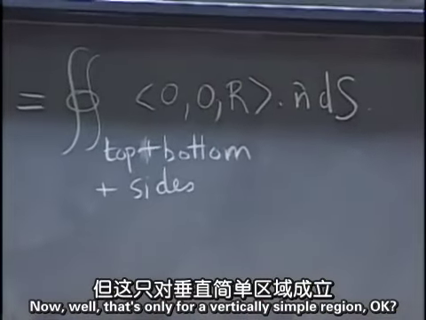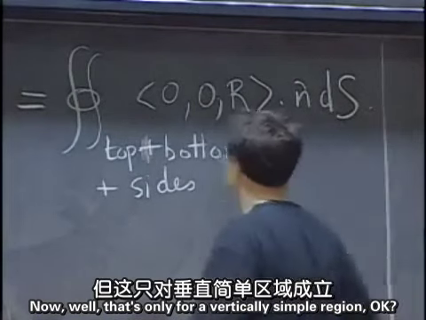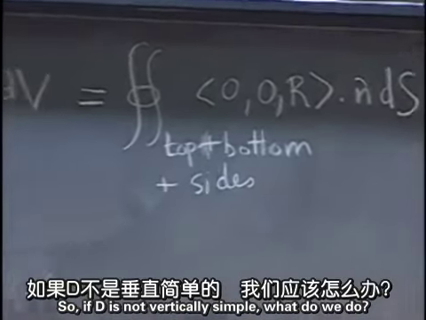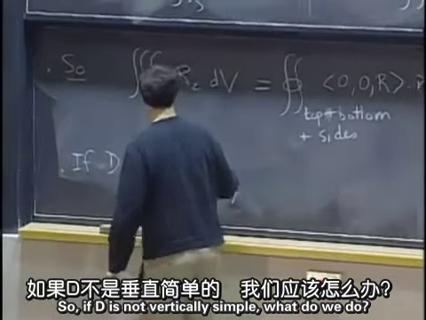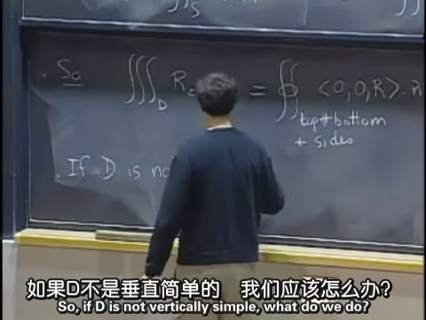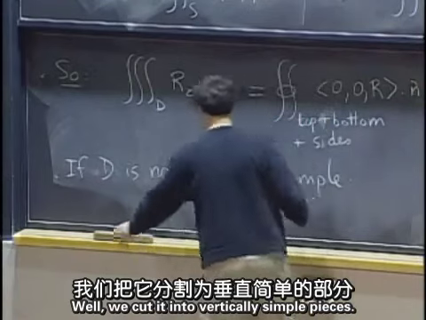Now, well, that's only for a vertically simple region. So if D is not vertically simple, what do we do? Well, we cut it into vertically simple pieces.